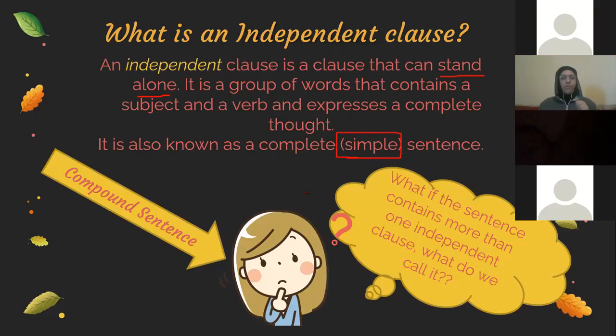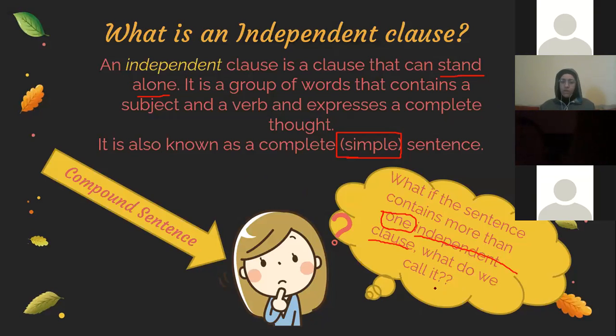Okay, so to make sure, this is the first sentence structure till now. Now we're going to move into the second sentence structure. But what if the sentence, look here, this girl is asking herself, what if the sentence contains more than one independent clause? By more than one independent clause, we mean more than one simple sentence.